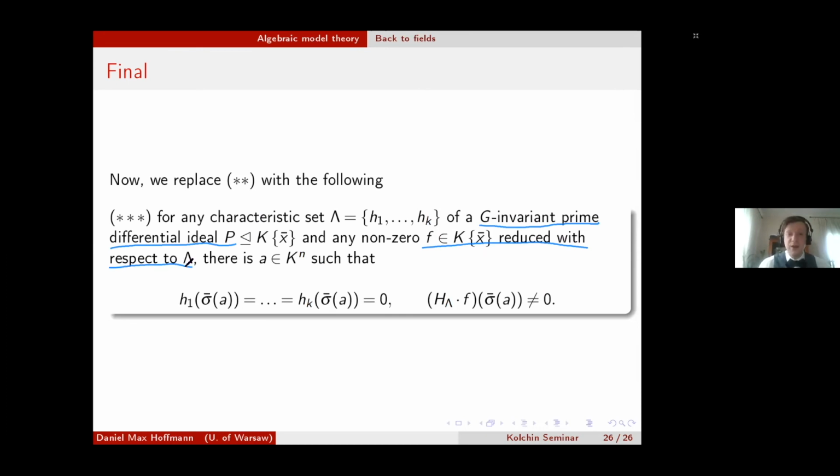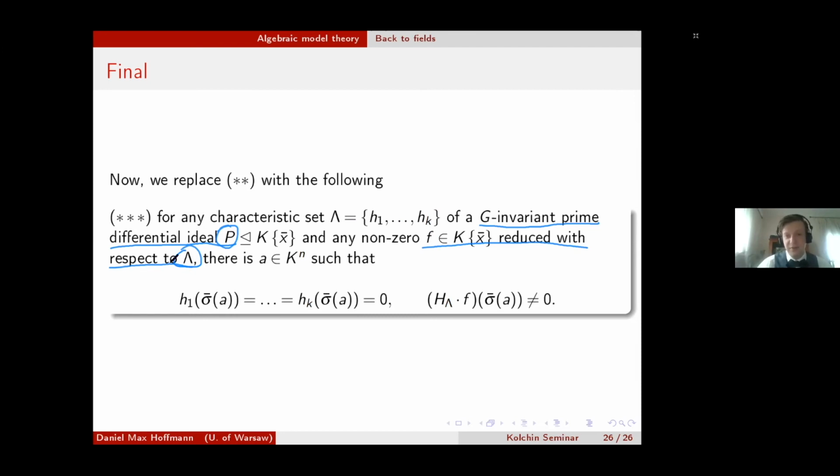Why? Because I want to speak about this G invariant prime differential ideal P, but I will just use lambda to characterize this ideal, to write everything about P in terms of lambda, so h1 to hk. So f doesn't belong to P if f is reduced with respect to lambda.